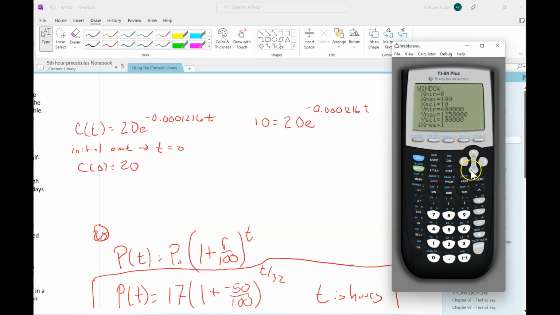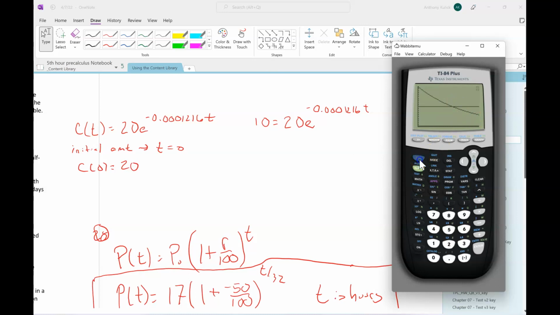Maybe we'll start with 100, see what we can see. The y minimum, I'm going to go 0. The y maximum, 20. That's how much we start with. So let's see. There's my line for 1. There's my half-life line. It's going to have to be a heck of a lot bigger than 100, right? Well, I'm going to make that 10,000 because that was not moving very fast. So there's that. There we go.